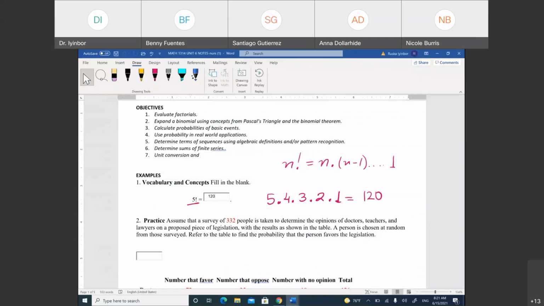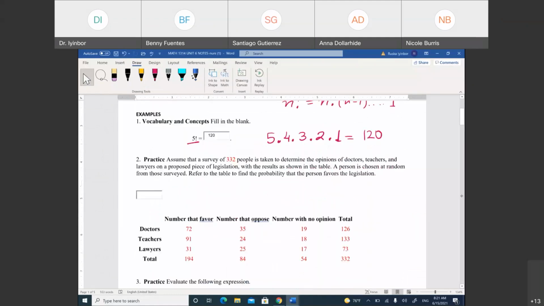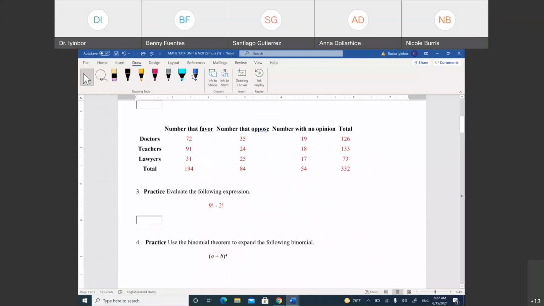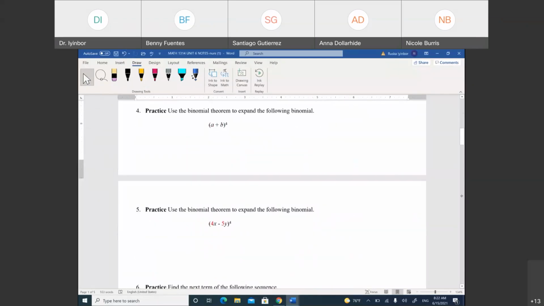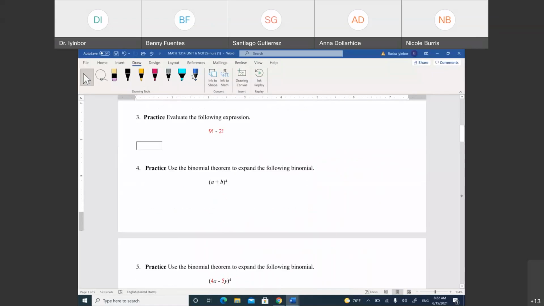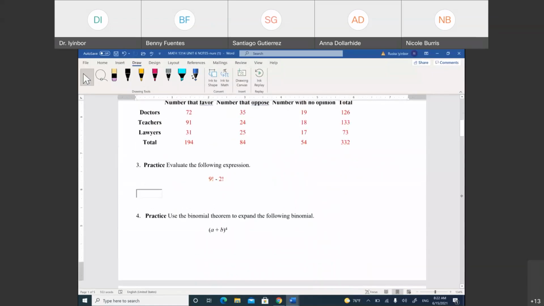Now, why do you need the factorials? We need the factorials later on when you start expanding binomials. So when you're going to expand binomials, which is number 4 and 5, there is a formula for that, which includes factorials. And also I'm going to show a different method, which is Pascal Triangle.